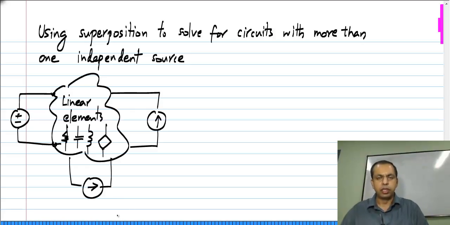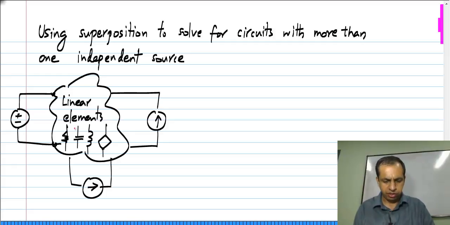Now, in the initial part of the course, we will be looking at circuits without inductors and capacitors, that is, circuits without energy storage elements. So, essentially we will be discussing circuits with resistors and controlled sources.